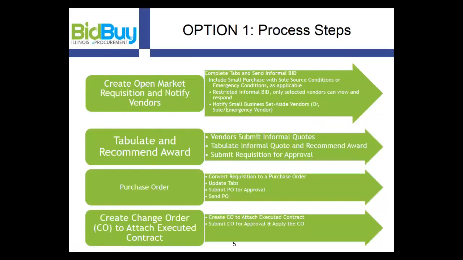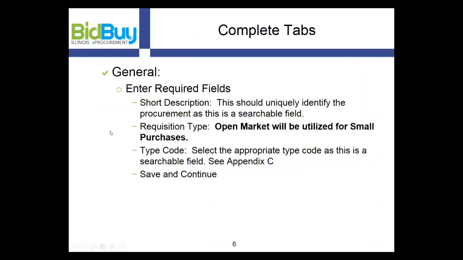If you have approval paths, once you create your award, it will route through your approval paths. If you don't, then you'll be able to just go ahead and submit that off. And the final step, if you choose to send the purchase order, is to send the purchase order and create a change order in the future if you want to create a change order and attach an executed contract. So that's the basic steps.